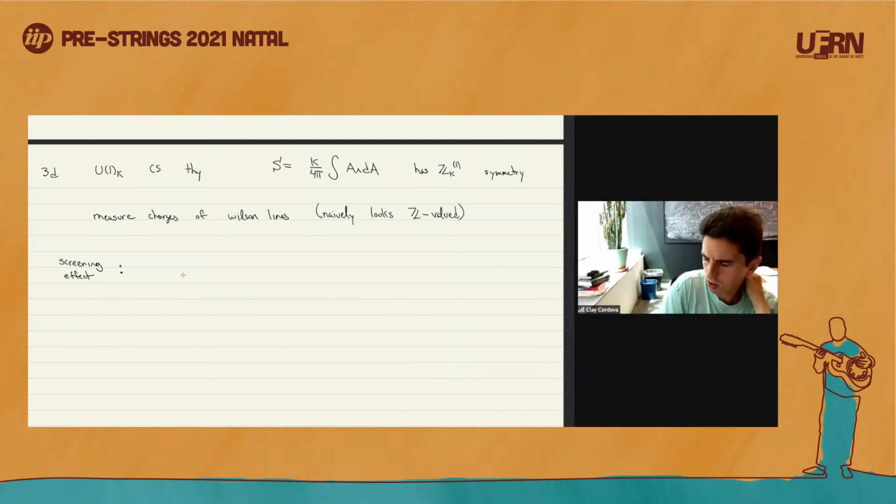The screening effect is that we can consider a monopole operator. So this is an integral over S2 of F. And a monopole operator would be a configuration where this integral is not zero.